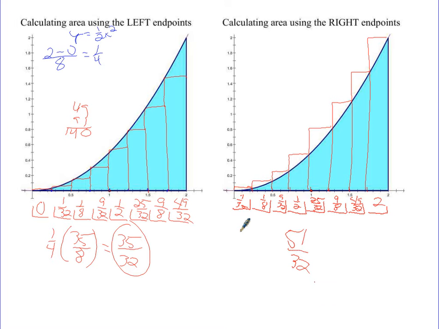So this is 1/4 times the 51/8 that you just came up with. 51/32 equals that. So there's your area using right endpoints.